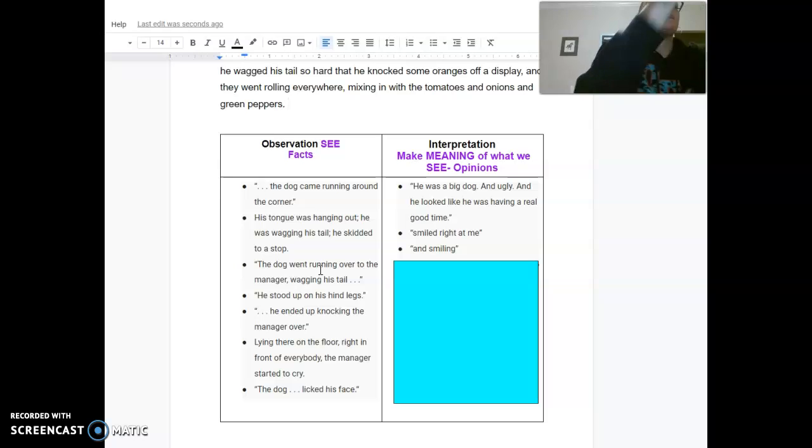If you look, that's paragraph 4. This is the one where we kind of had a good giggle. And it says, but if you look at your book that I told you didn't need, it says, he ran over to the manager, wagging his tail. That was the very first sentence of paragraph 4.